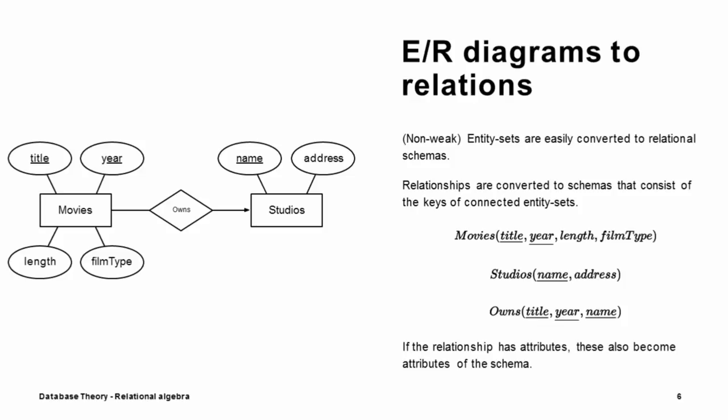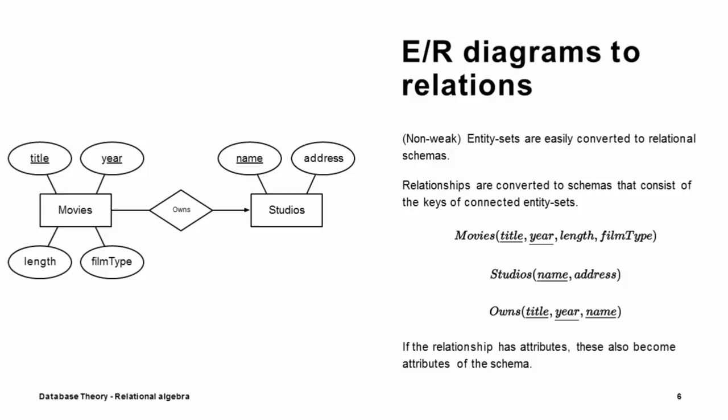So that sometimes turns into also a schema. And the question comes here then, how do you uniquely identify that relation schema? Well, you pull the keys from both the entities and move them into that relational schema, the relation. And that's what happened here.